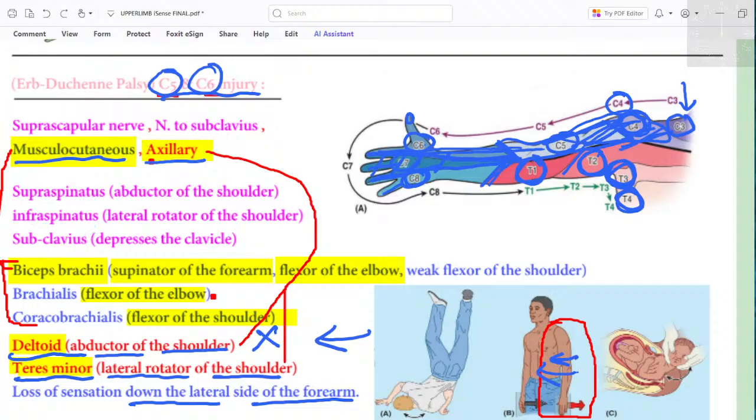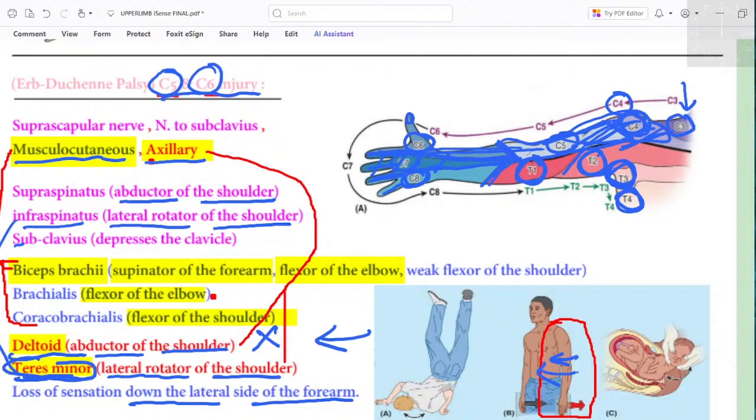Supraspinatus causes abduction of the shoulder, and infraspinatus causes lateral rotation of the shoulder. Teres minor and infraspinatus together cause the lateral rotation of the shoulder. If it is impaired, then all their function will be impaired.